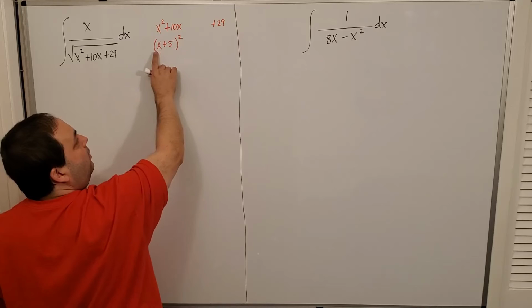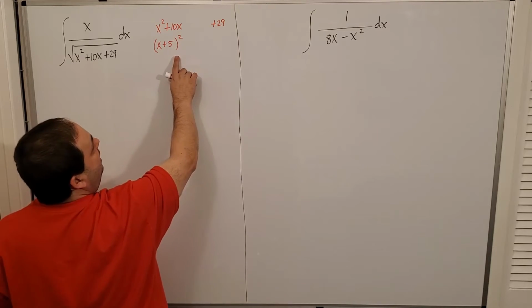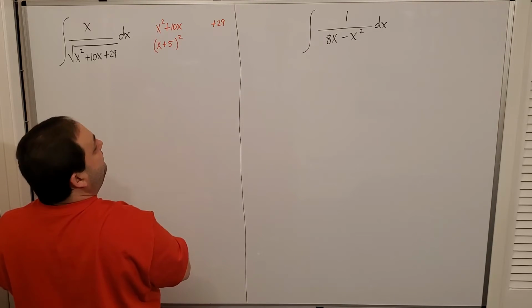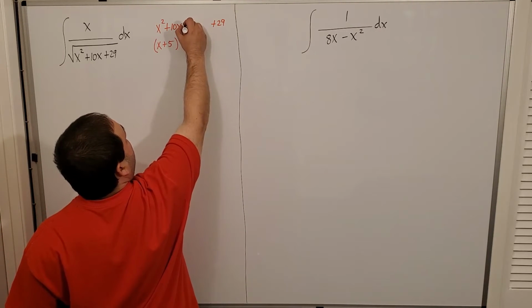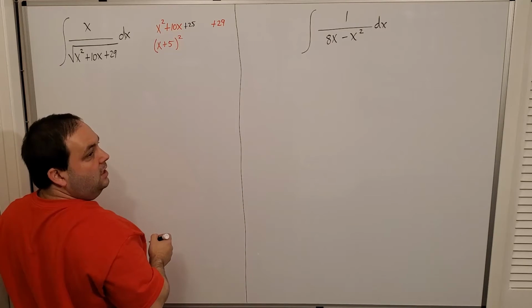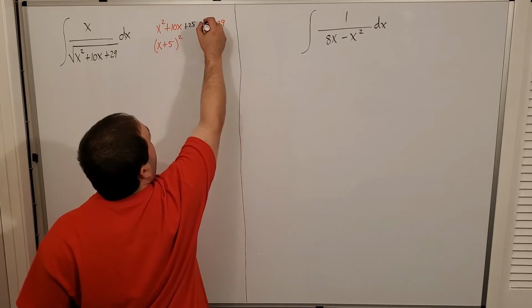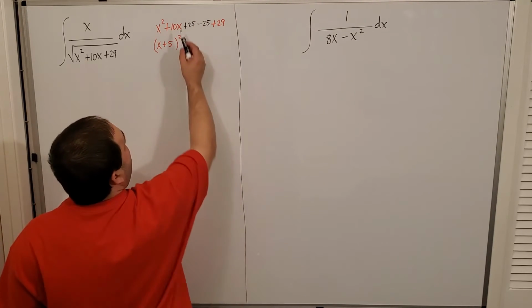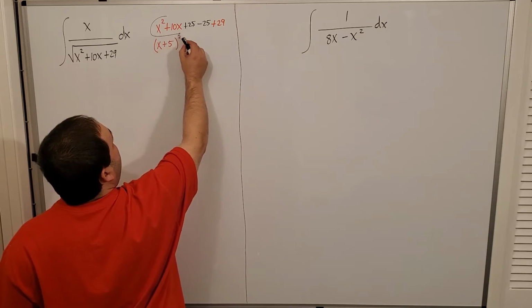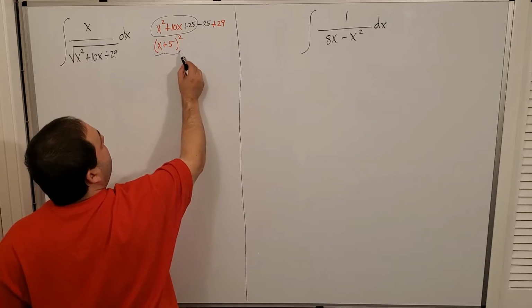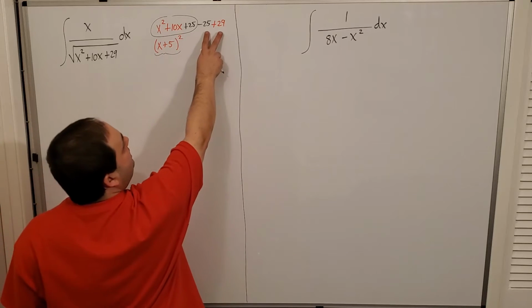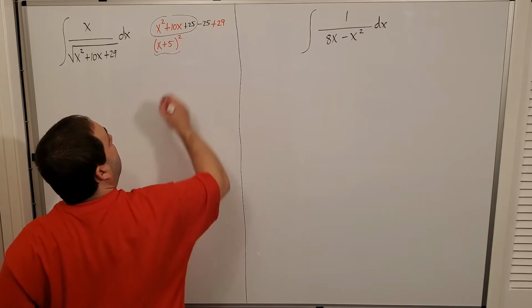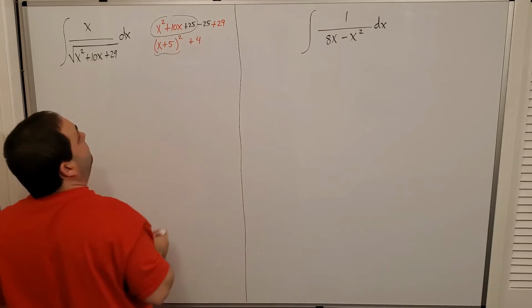But if you FOIL out x plus 5 times x plus 5, notice you'll get x squared plus 10x plus 25. Okay, so then right next to that I'm going to put a minus 25 to balance that out. And notice that these front three terms factor exactly into this. And then I just need to simplify these two. So minus 25 plus 29 does give me a plus 4.